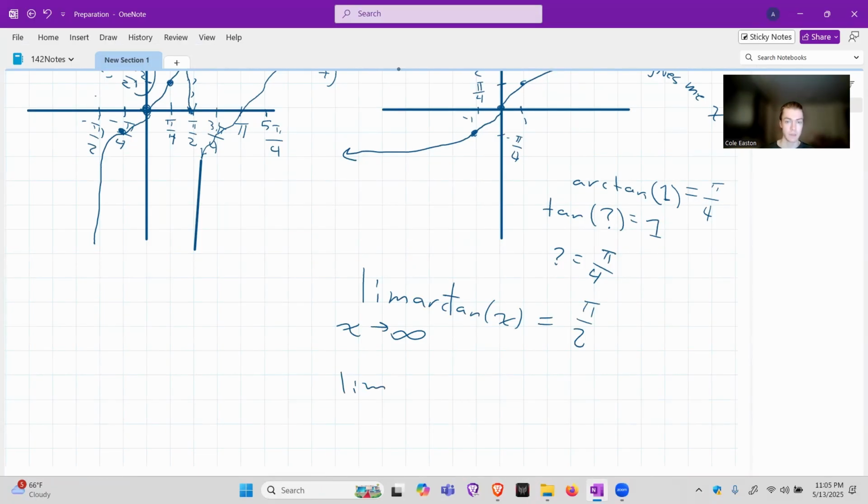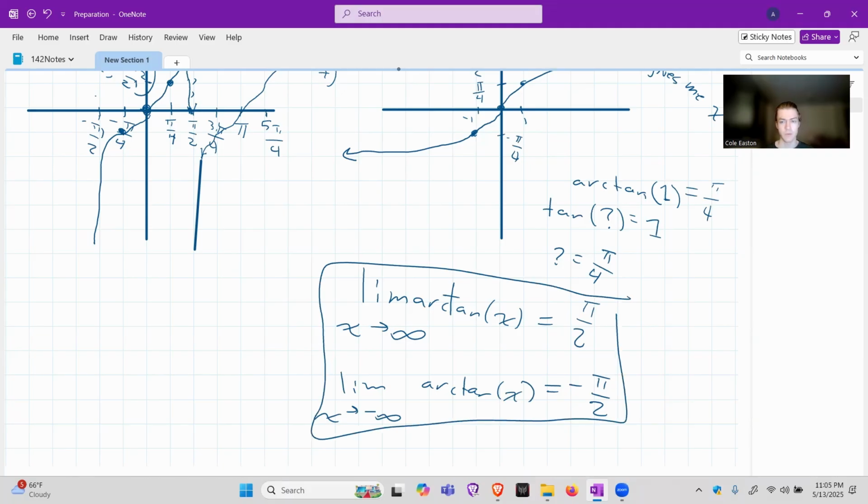And the limit as x approaches negative infinity of arctangent of x equals negative pi over 2. Okay, so those are our important facts. And then we do just want to remember that it goes through the origin like this and have a general idea of how to sketch that.